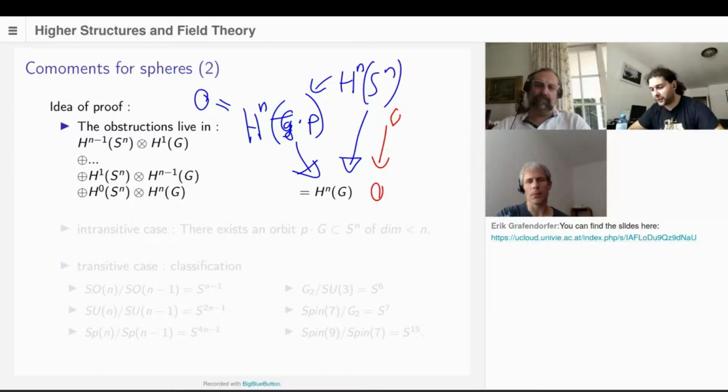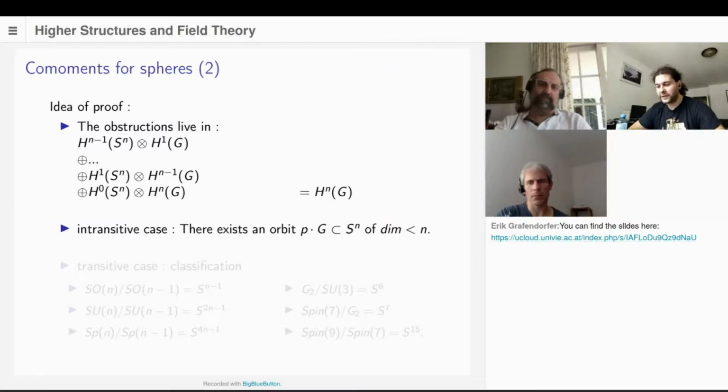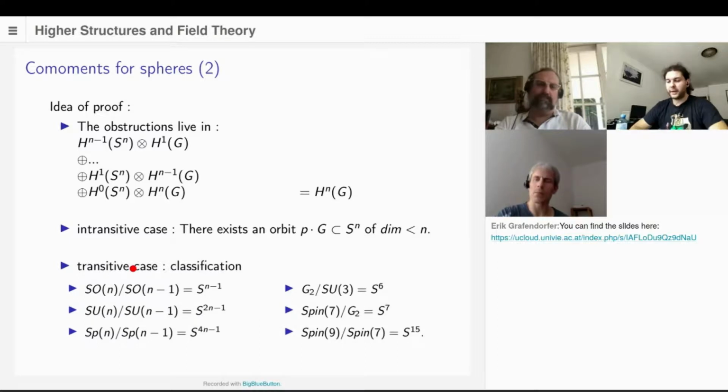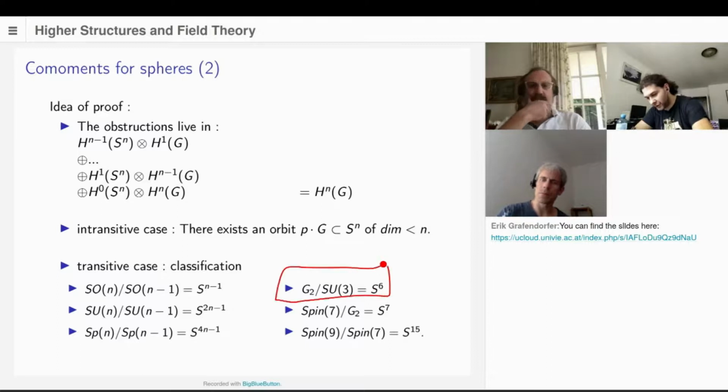So in the intransitive case, we see directly that there is a comoment, and in the transitive case, actually, we just went through the classification of the spheres as homogeneous spaces for compact Lie groups, and checked by hand that in the odd cases, the obstruction vanishes, and in the even case, which is only here and some cases here, it doesn't.